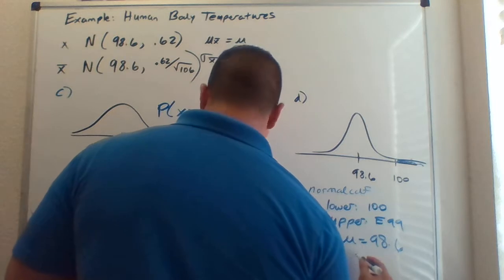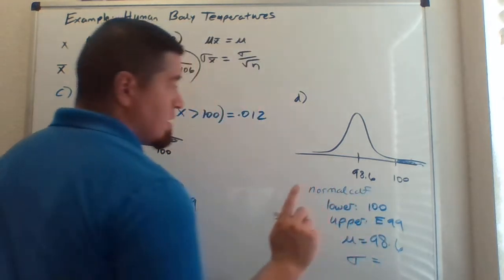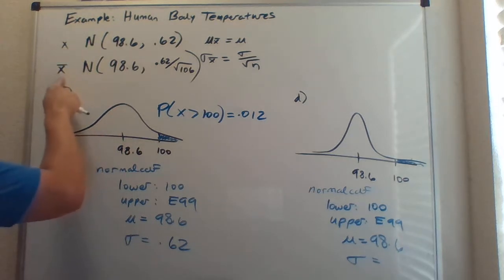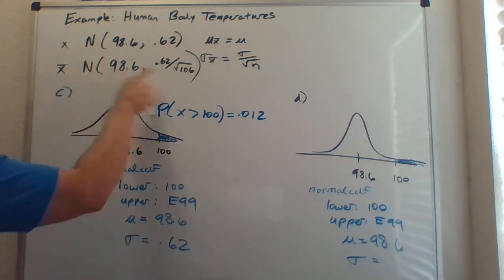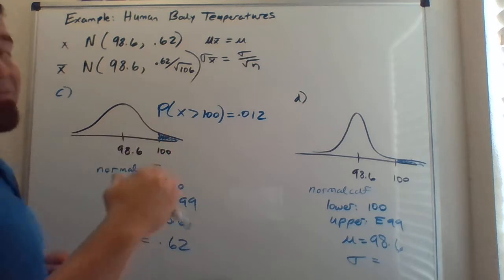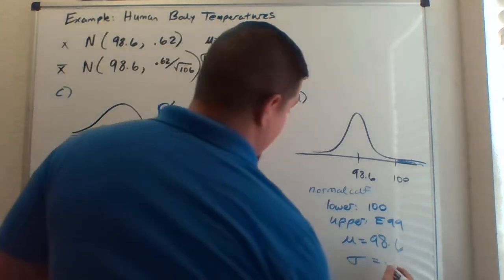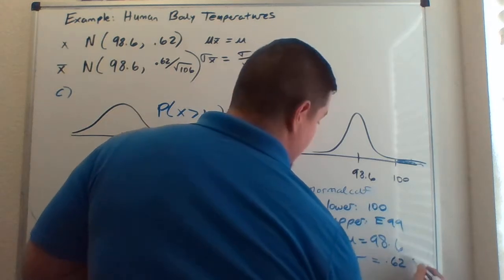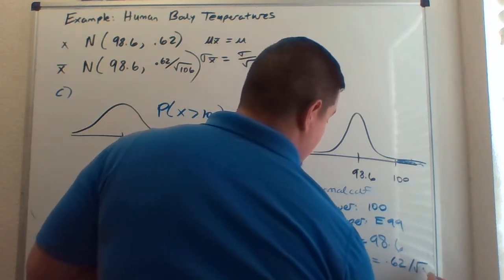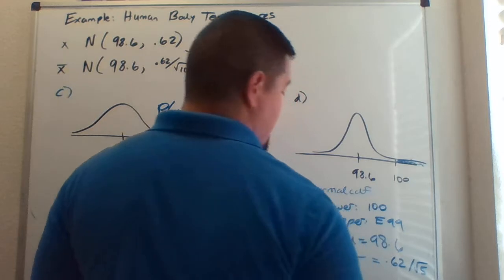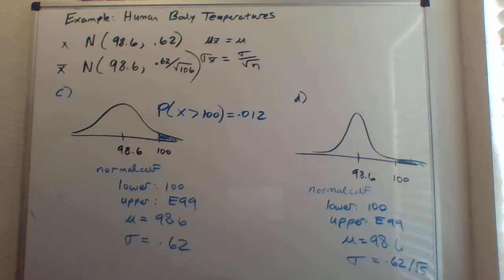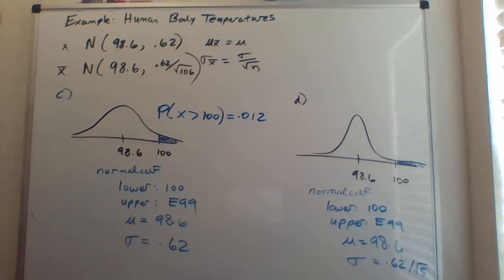And the standard deviation, this time, we're not using an individual, we're using the sampling distribution, but not for 106, for how many? For 5. So I'm going to write 0.62 divided by square root of 5. Okay, that's what I'll put into the calculator. So we'll input that and then we'll get our answer.